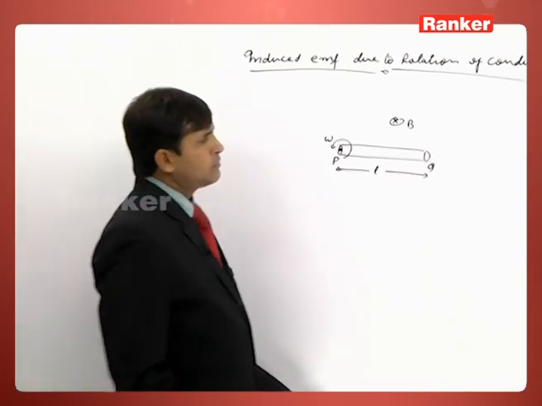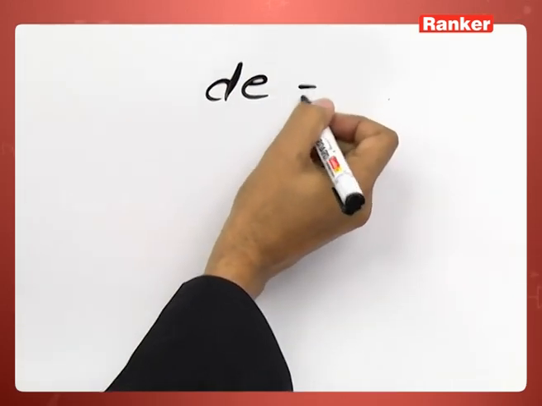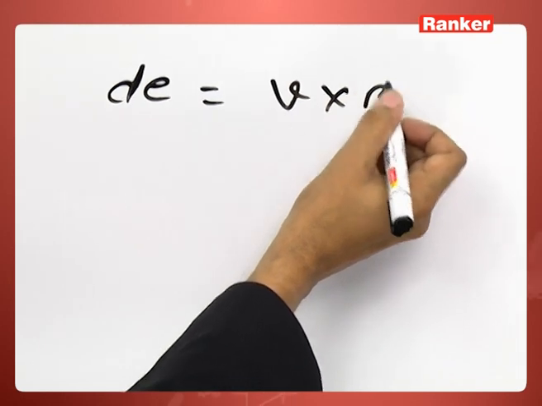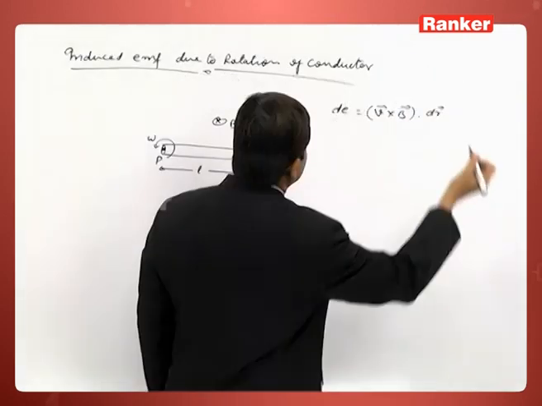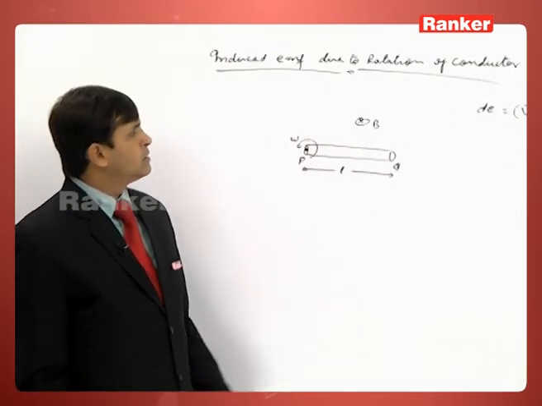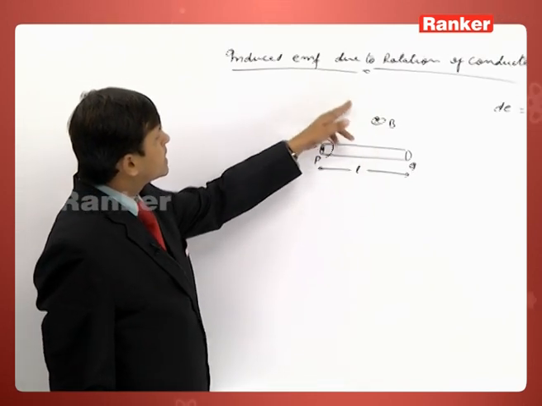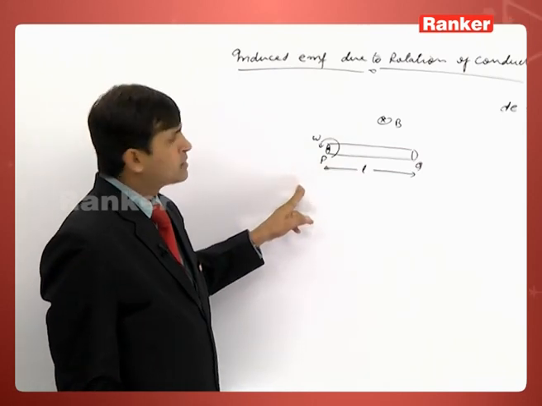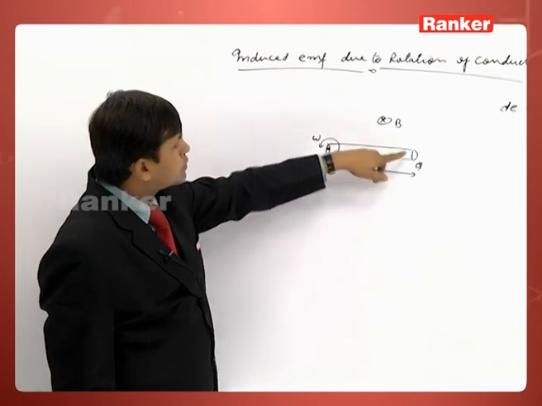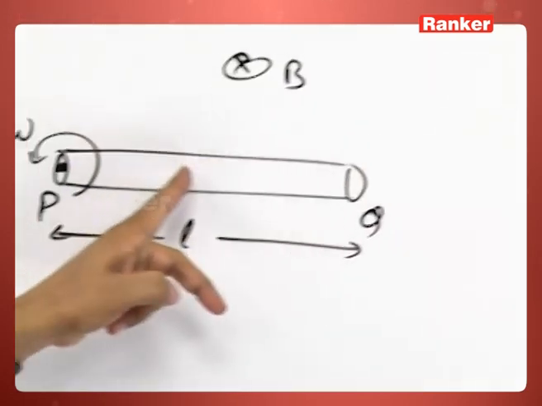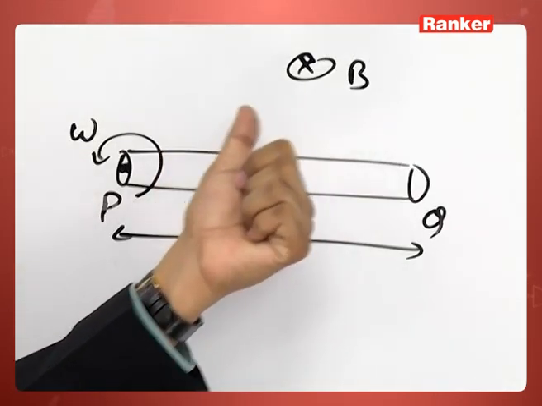First of all, we will go with the very basic relation. Our relation for EMF is given as V cross B dot dr. This is a very basic relation. Now, when we see the rotation of this conductor, what is observed is that as we move from point P to point Q, different points of the conductor will have different velocity.